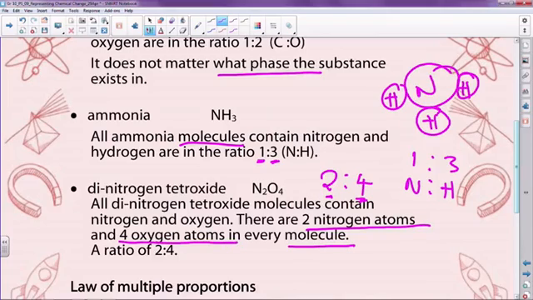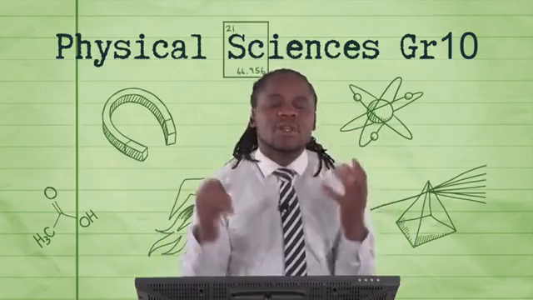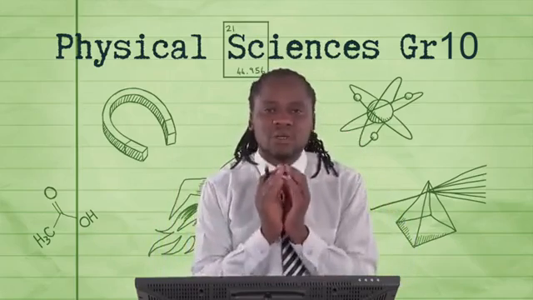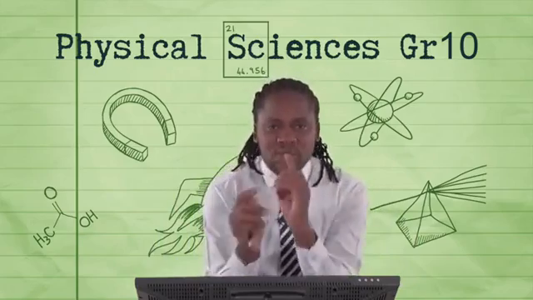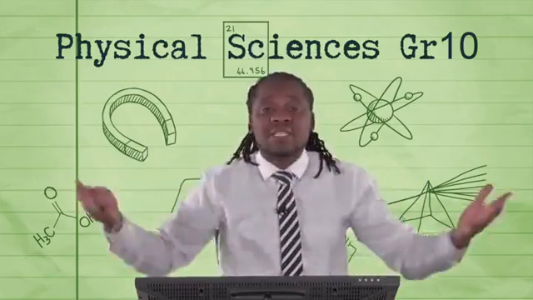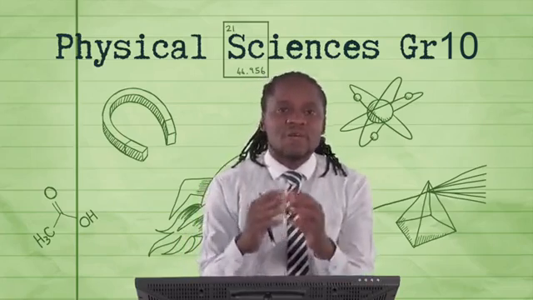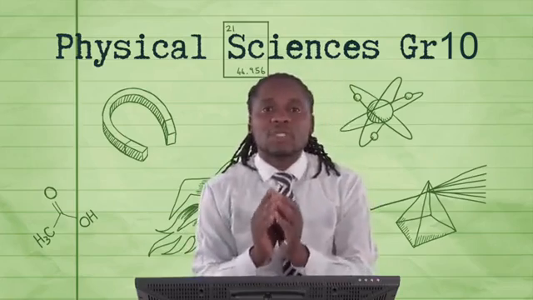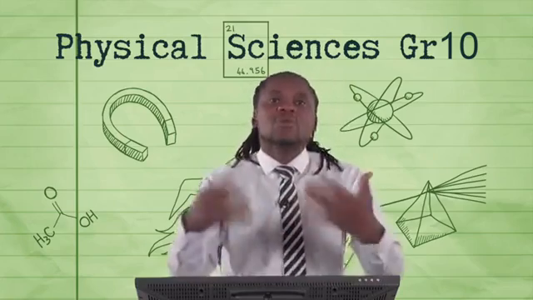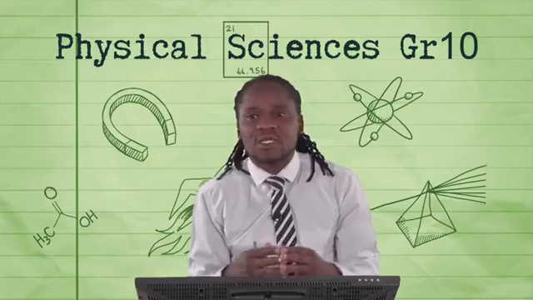It's very important for us to understand that at molecular level, when we talk of this molecule of dinitrogen tetroxide, a single unit, or we can think of it as a particle, consists of 2 atoms of nitrogen for every 4 atoms of oxygen that are covalently bonded. Hence, we shall continue to refer to it as a molecule.